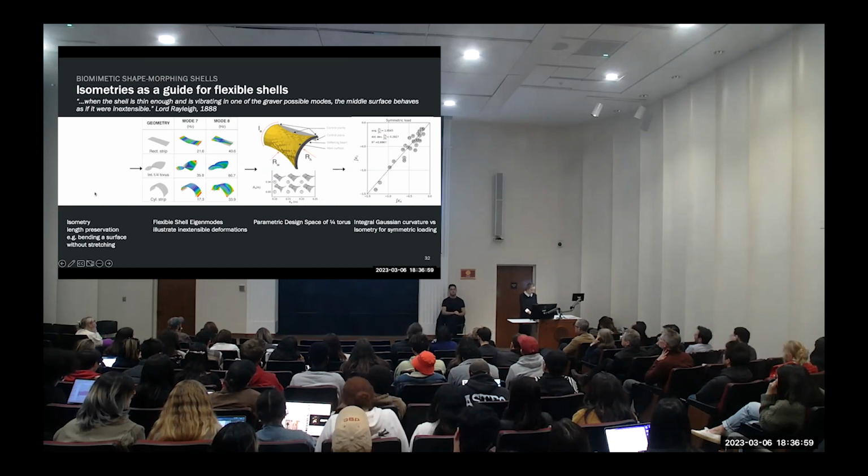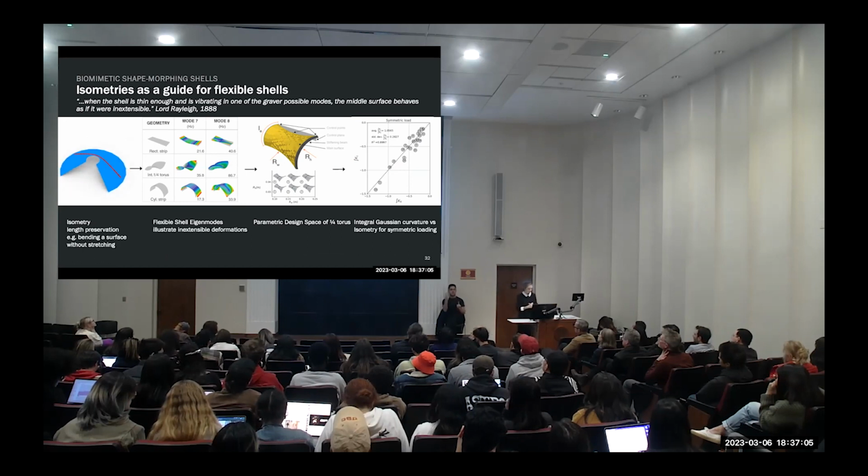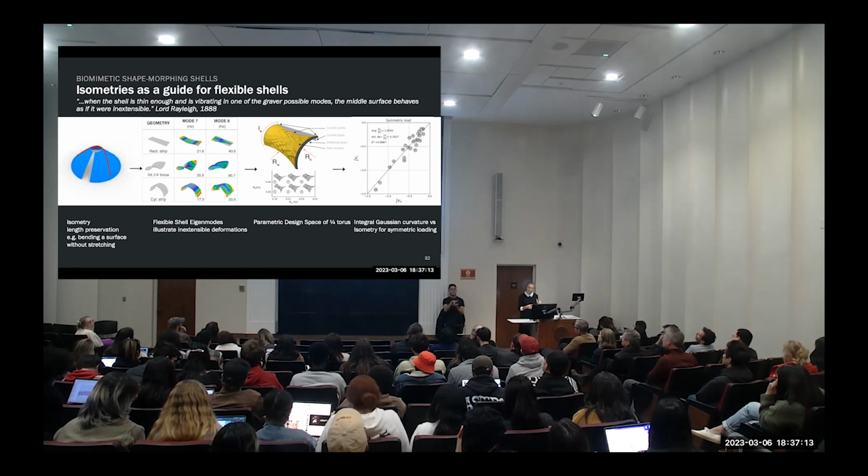And of course, we were looking at plants, but we also found that somebody had said that when the shell is thin enough and is vibrating in one of the possible modes, the middle surface behaves as if it were inextensible. So what does this mean?